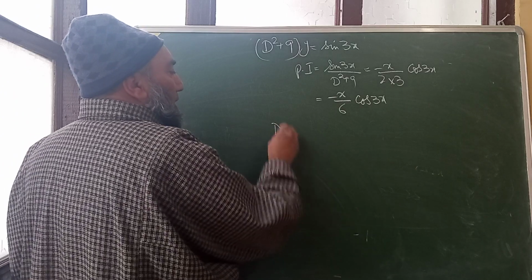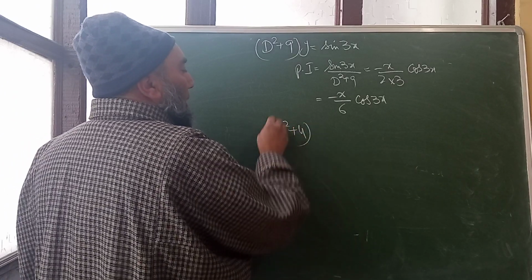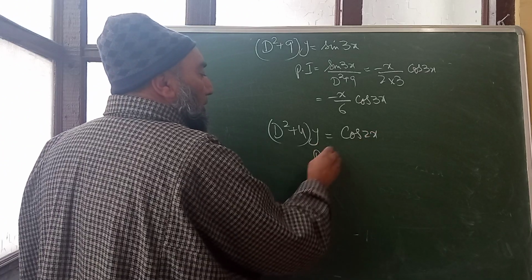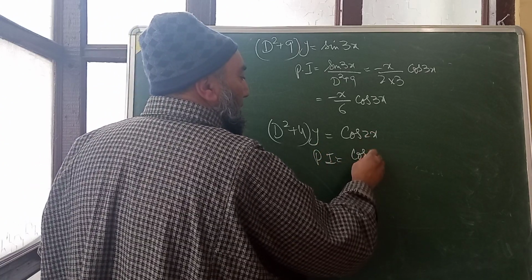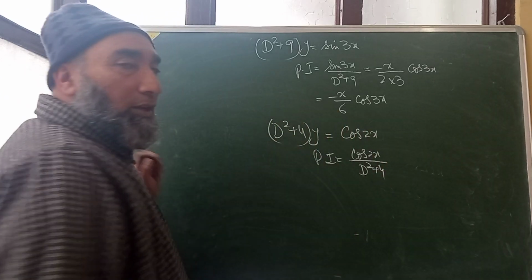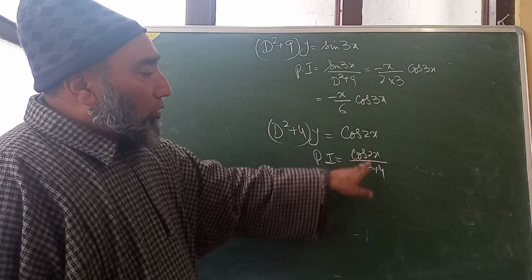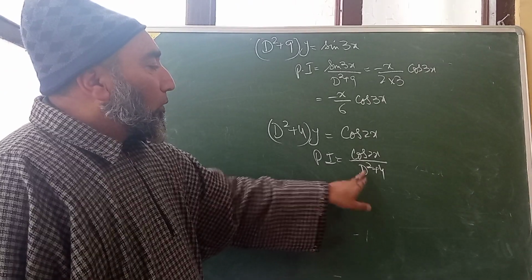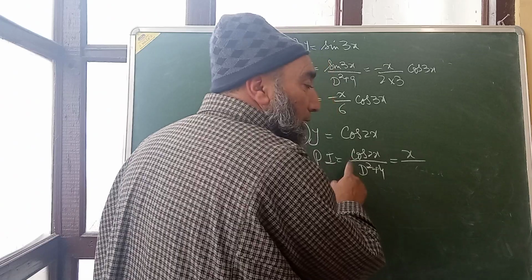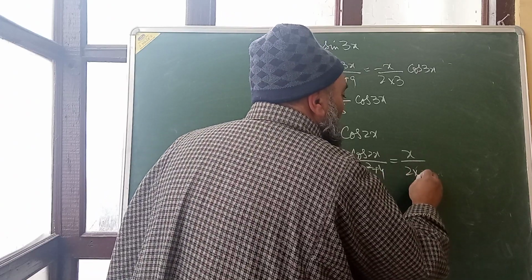Another question. D square plus 4 operating on y equals cos 2x. Again, particular integral is cos 2x upon D square plus 4. You see, this is a case of failure. D square is replaced by minus 4. So for cos it is x upon 2a sine of 2x, a is 2.